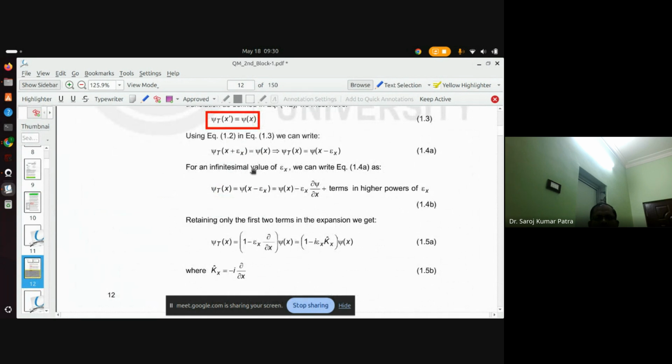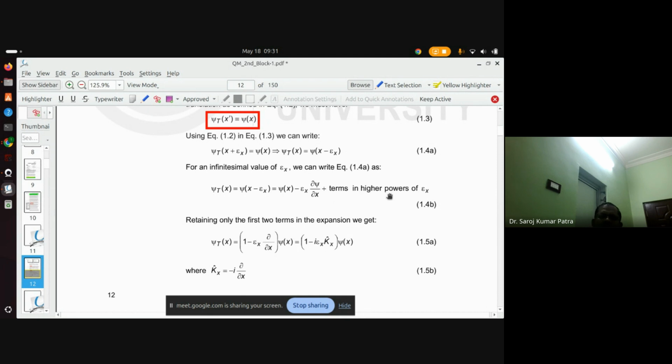So for an infinitesimal small value of epsilon x, this psi x minus epsilon x can be represented as a series expansion. So psi x minus epsilon x will be equal to psi x minus epsilon x del psi by del x plus epsilon x square del square psi by del x square by factorial 2 and all higher order terms.